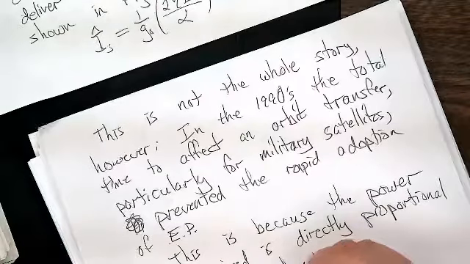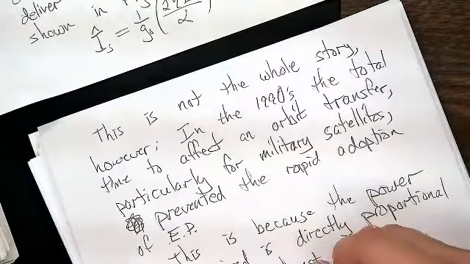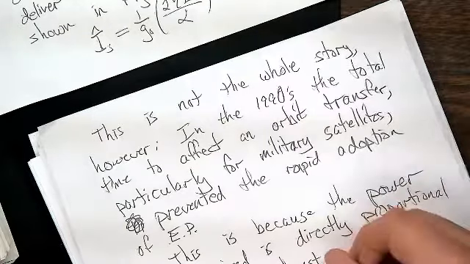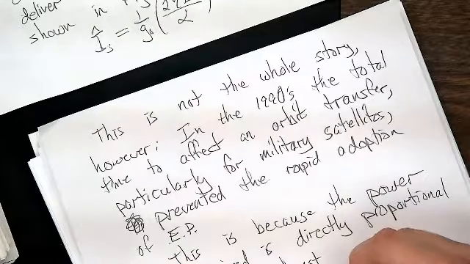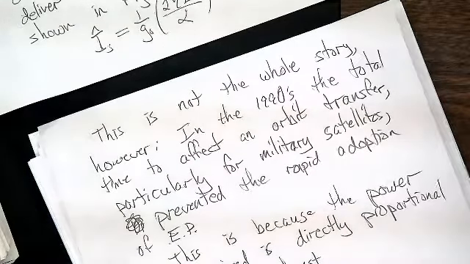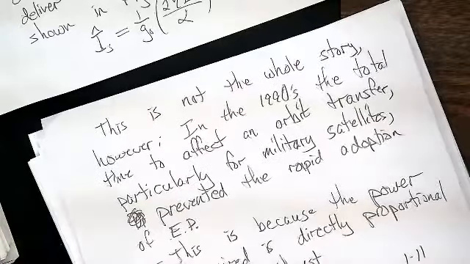So P is equal to, once again, thrust times gravitation constant times specific impulse divided by 2 divided by the conversion efficiency.